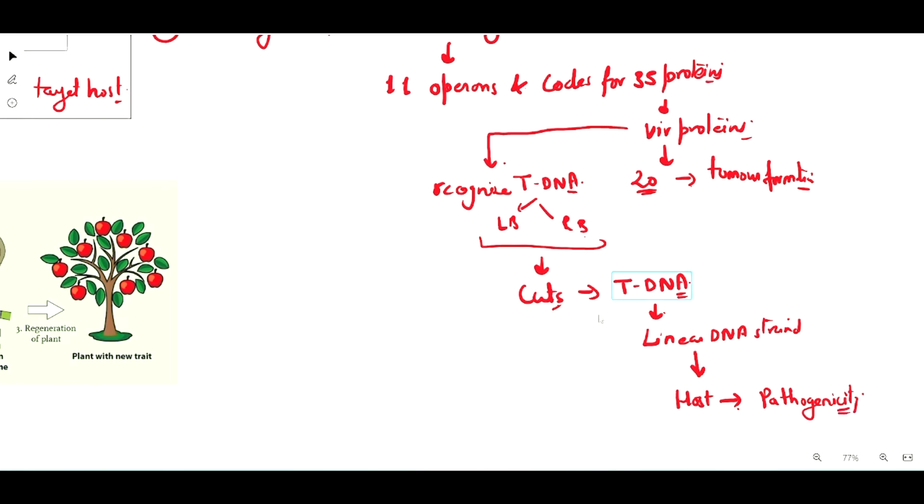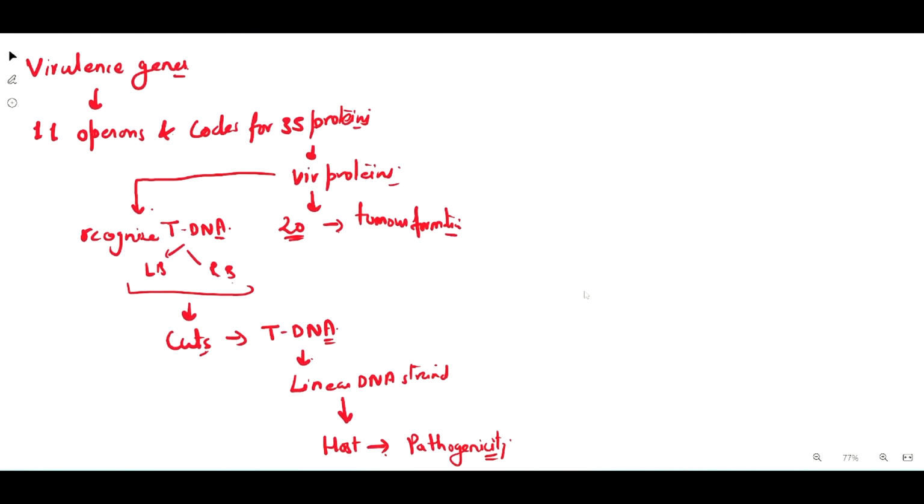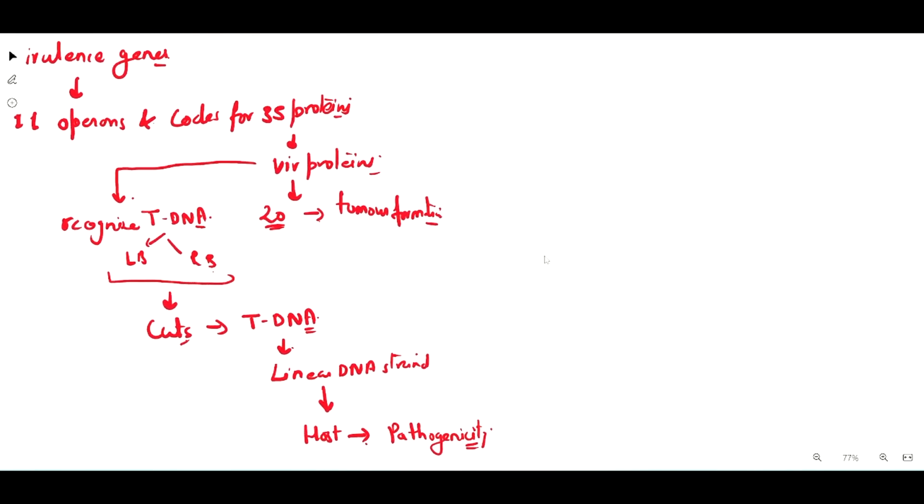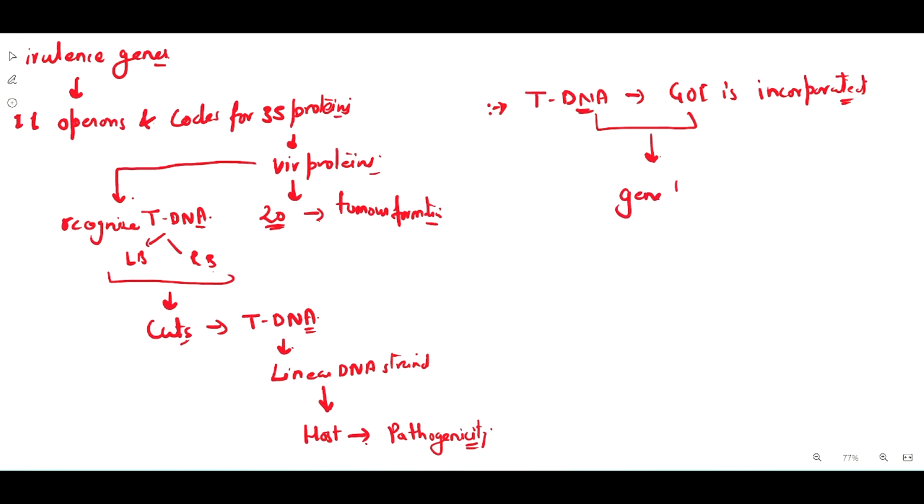This natural mechanism of Agrobacterium tumefaciens is exploited for gene transfer for our purposes. In the tDNA region, the gene of interest is incorporated without disturbing the Vir regions, and then this whole construct is used for gene transfer in our desired host.